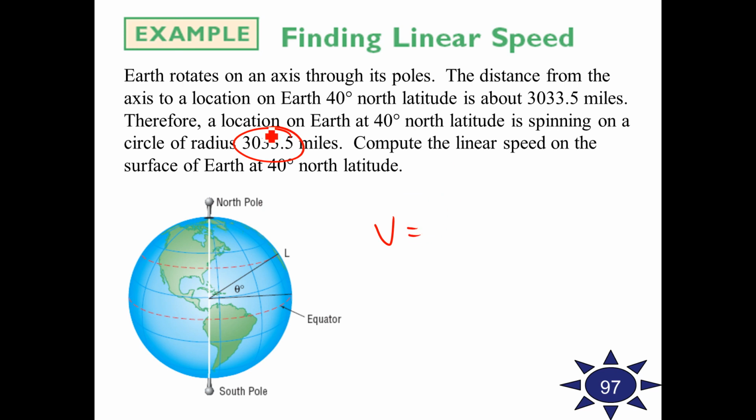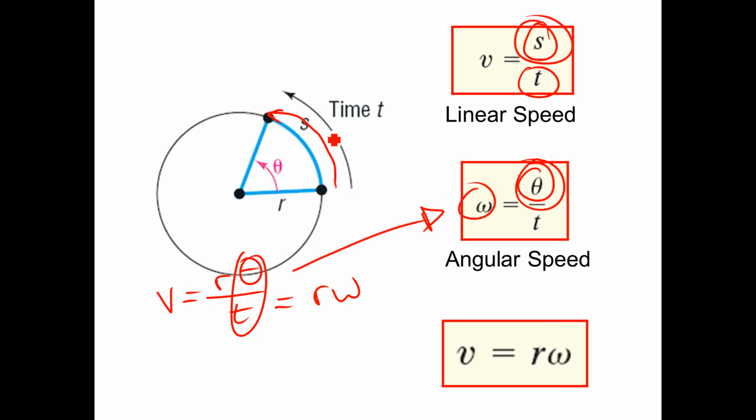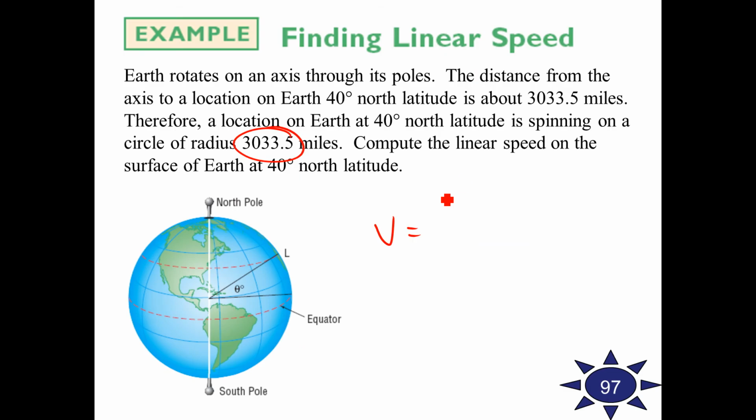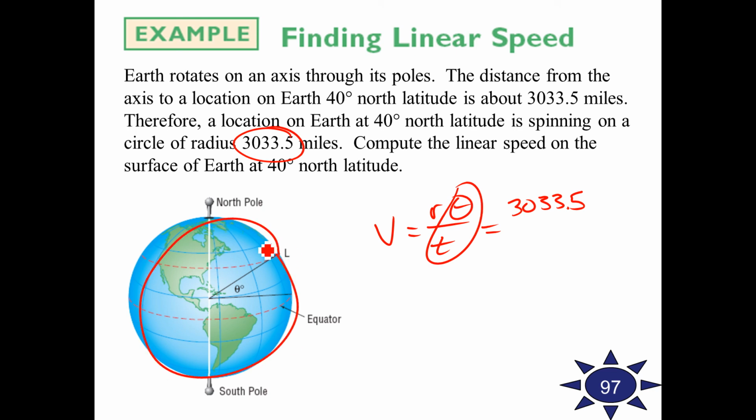Okay, so since I have a radius, I'm going to use one of these formulas that uses the radius. So how about this one? V equals r theta over t. Again, I could use any of those forms. So I have a radius, 33.5. What about a theta and a t? So we want to think, okay, how long would it take us to make some movement here on the Earth? And so I think we know that we would go one full circle in 1 day. So how about 2 pi, because that's a full circle, over 24 hours.